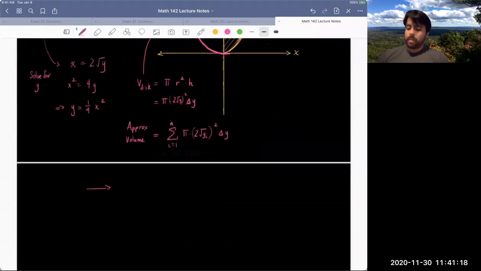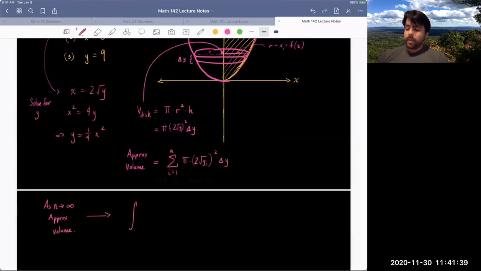As n goes to infinity, the approximate volume becomes the integral, guys. And I'm going to use different letters for the integration bounds. From c to d of pi times 2 root y squared dy.